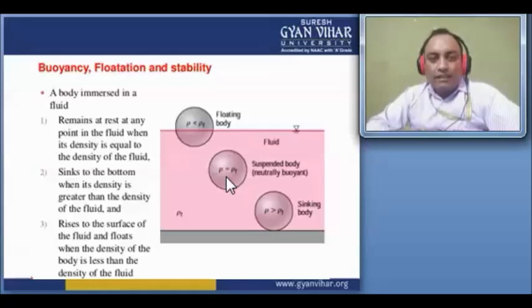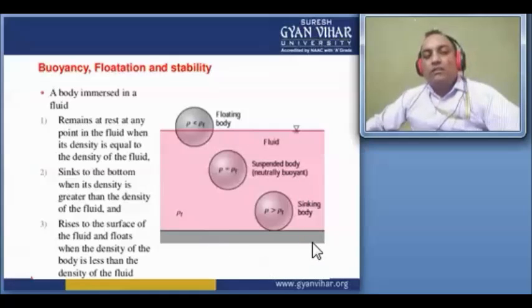In the third case, if the density is greater than the density of the fluid, this is a sinking body, which shows the density is higher than the density of the fluid, right? So this is the differentiation between the objects through the density of the object and the density of the fluid, right?